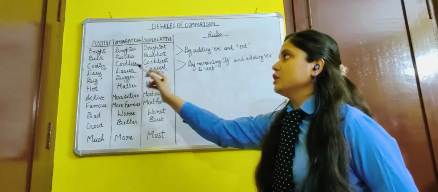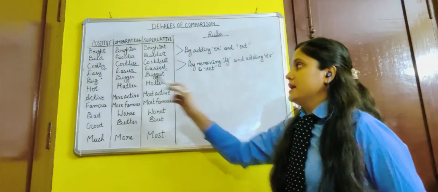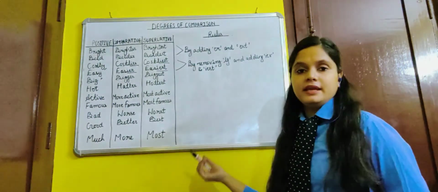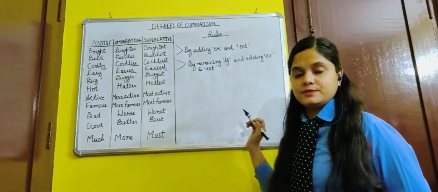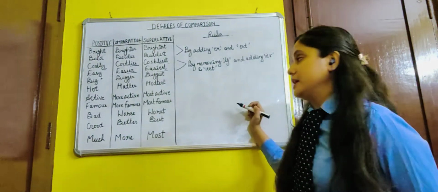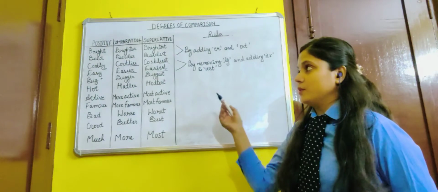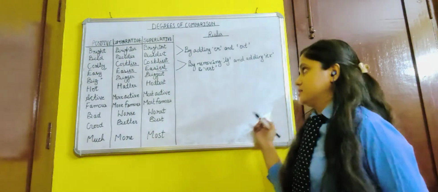As costly, costlier, costliest; easy, easier, easiest; or dry, drier, driest. So in this way we can make comparative and superlative degrees from positive degrees respectively.